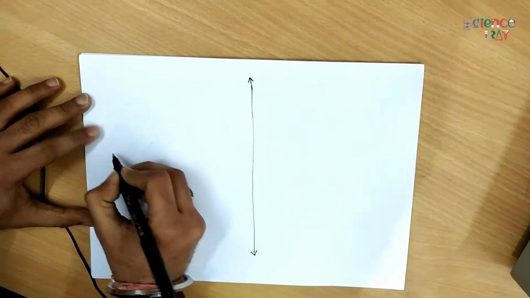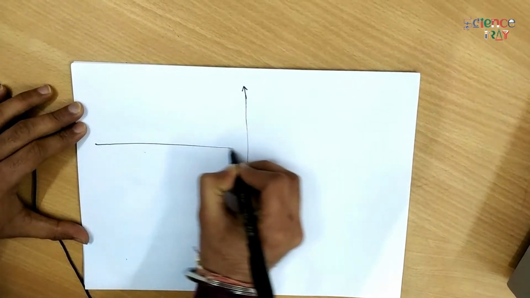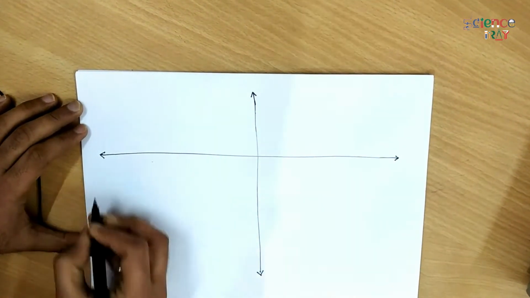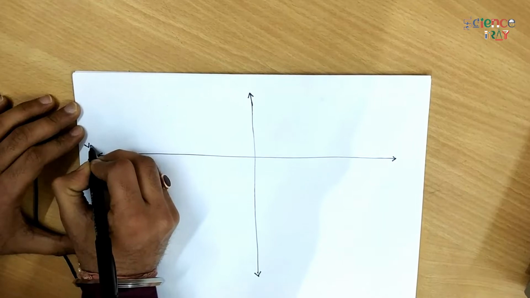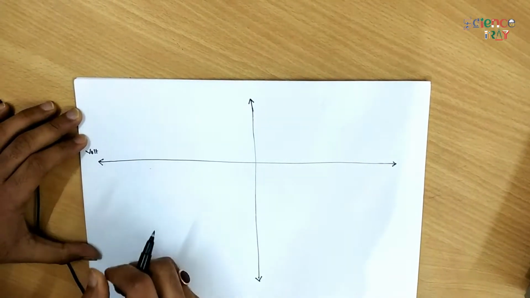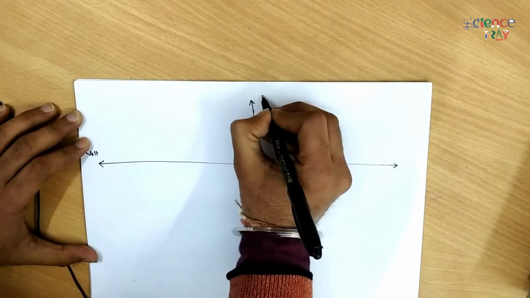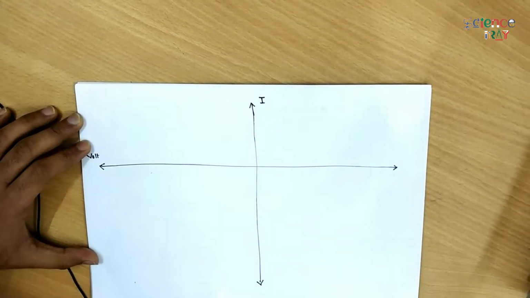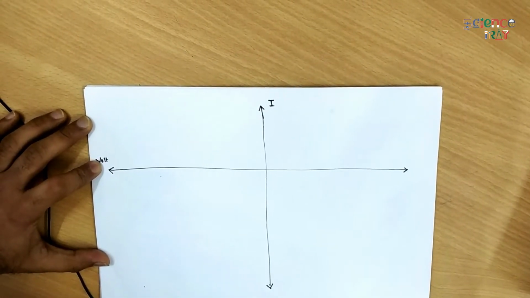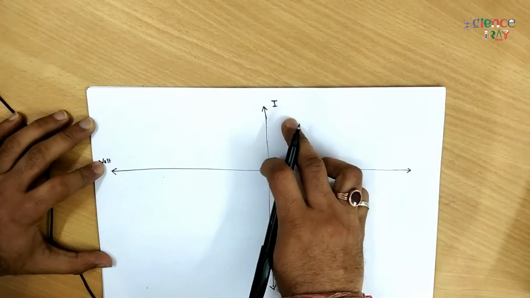It is our y-axis. It's our x-axis. On the x-axis, we are going to take voltage in volt, and on the y-axis current, because voltage is our independent variable and current is our dependent variable.